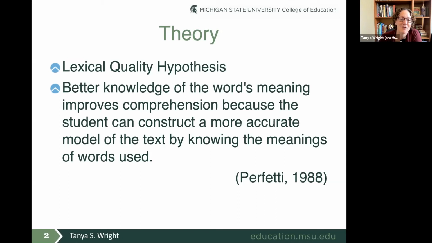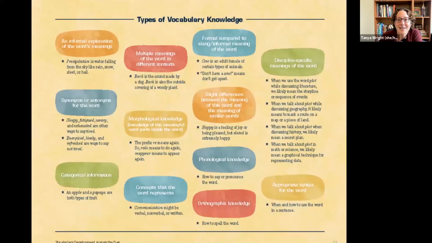But this theory really influences some of the things that you've heard me say a lot about vocabulary, right? Which is we need to know a lot about words. So this is just one example of some of what we've talked about many times, where I've said we need kids to know a lot of different things about word meanings, not just a dictionary definition.